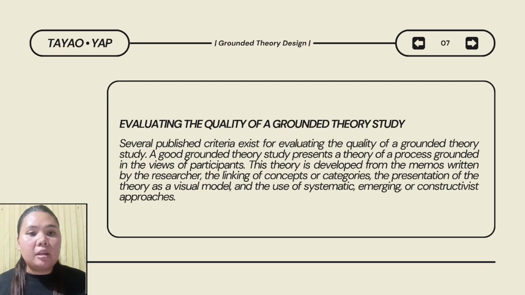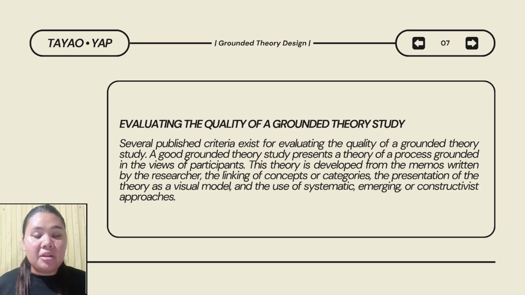So the next topic that we are going to discuss is evaluating the quality of a grounded theory study. Okay, so how do you evaluate grounded theory research? Charmaz 2006 uses terms such as credibility, originality, resonance, and usefulness.